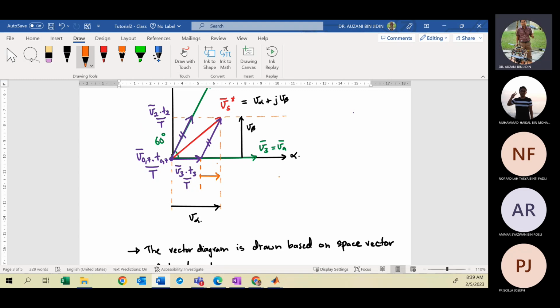So this component vector, you can obtain as what? V2, right? T2 divided by T, then you multiply by cos 60 degrees.